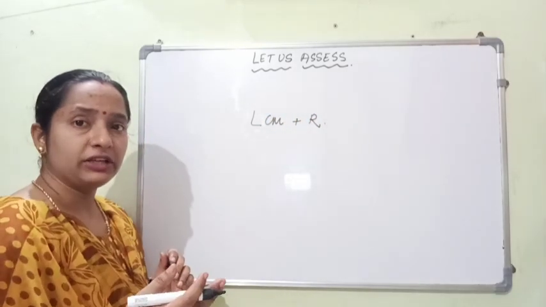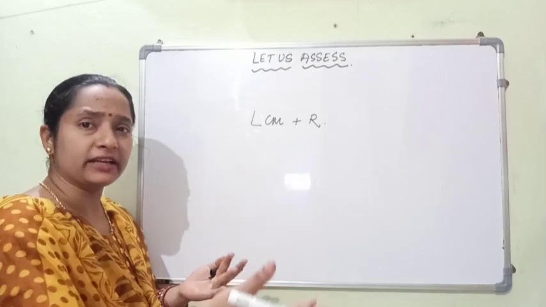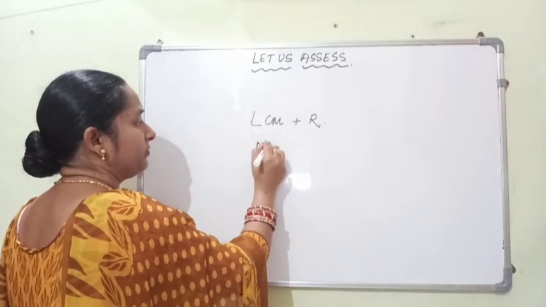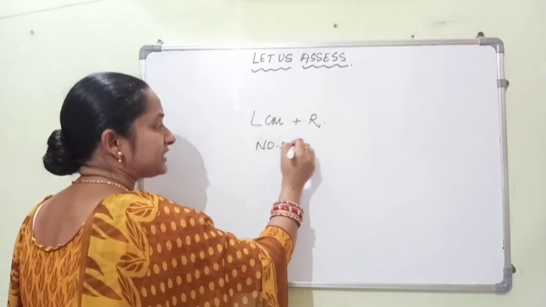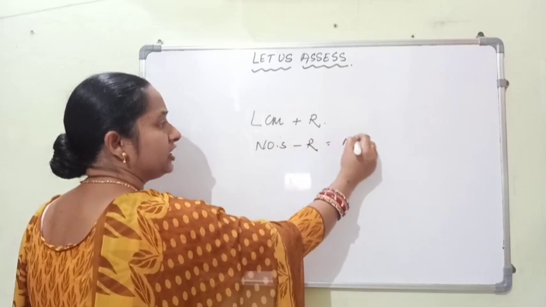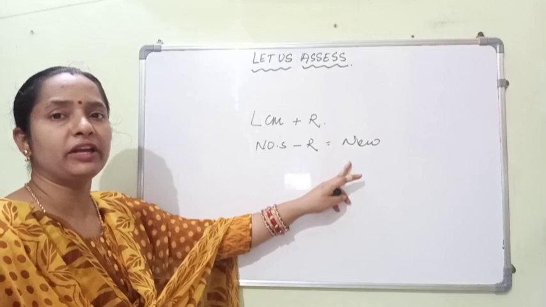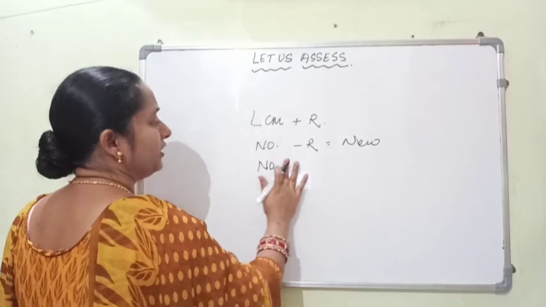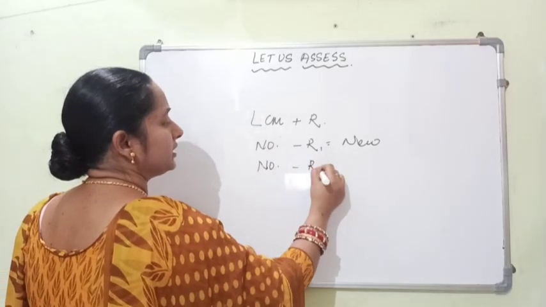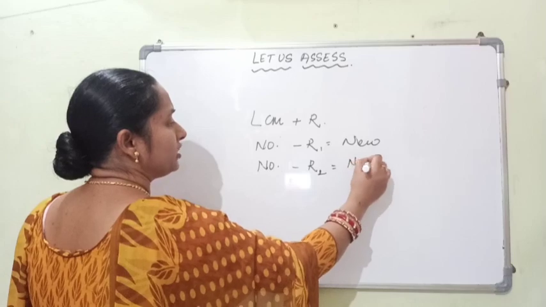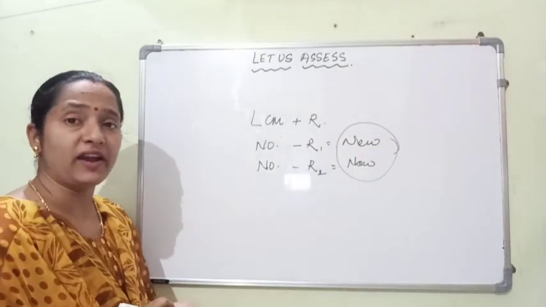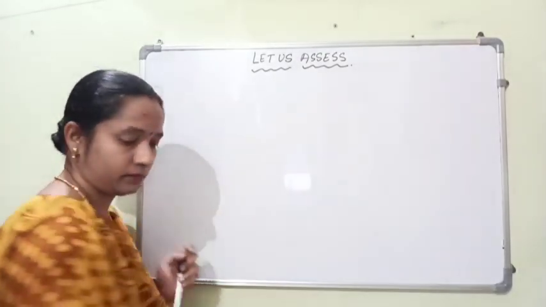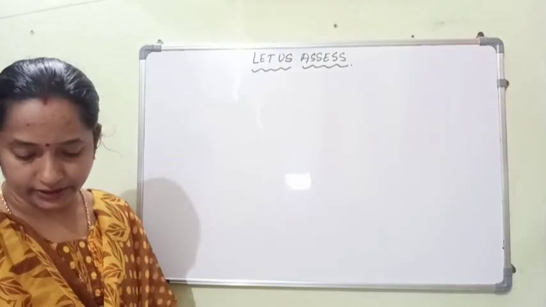But in the case of finding the greatest number that divides and leaves the remainder, first of all, from the given numbers you have to subtract the remainder and you get new numbers, right? So from every number you subtract its respective remainder. Then whatever new numbers you get, you finally find their HCF. So let's see how to find it. Don't forget these techniques, children.